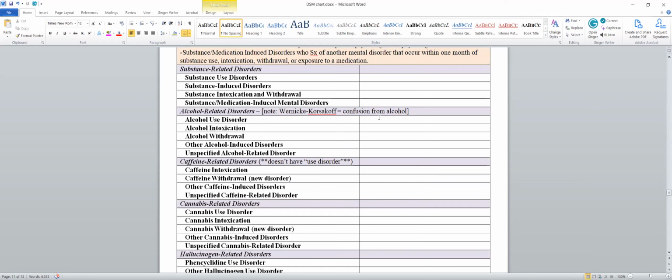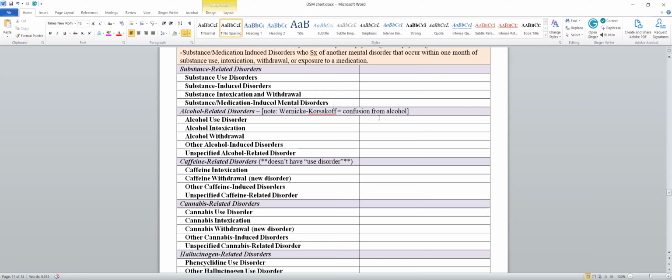And I will list the subcategories: substance-related disorders, substance use disorders, substance-induced disorders, substance intoxication and withdrawal, substance/medication-induced mental disorders, alcohol-related disorders, alcohol use disorder, alcohol intoxication, alcohol withdrawal, alcohol-induced disorder, unspecified alcohol-related disorder, caffeine-related disorders, which doesn't have a use disorder.